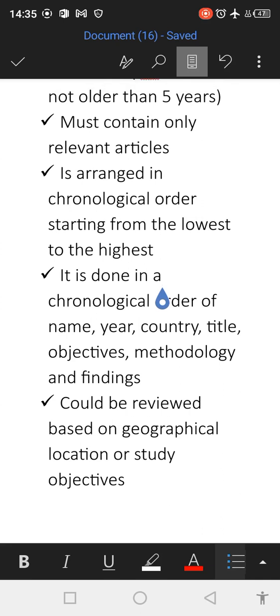All right, the next thing is the order: name, year, country, title, objective, methodology, and findings. Let me quickly say something about this. This is a typical and traditional way of reviewing literatures empirically.